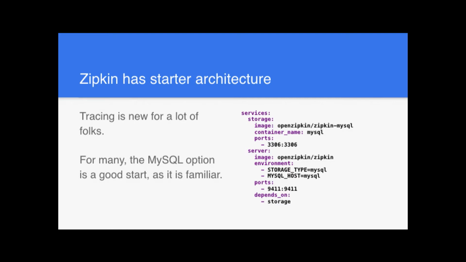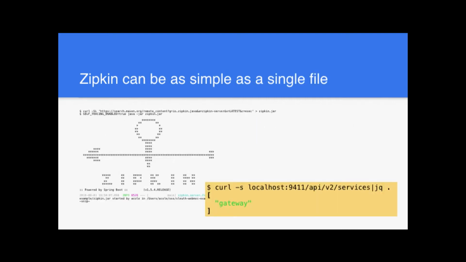We even have a kind of starter architecture, and it happens to be written in Spring Boot. Please don't create a custom server; you don't usually need one. You can just download the jar and spin it up.